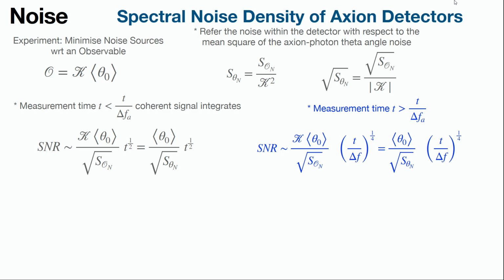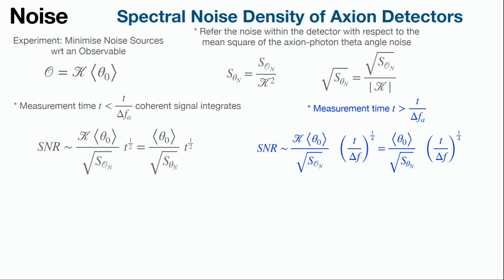If your time is less than this, you get t to the half. If your averaging time is greater than this, you get a reduced sensitivity because there's a spread, and you can't average into that spread of energy. You start to lose signal.